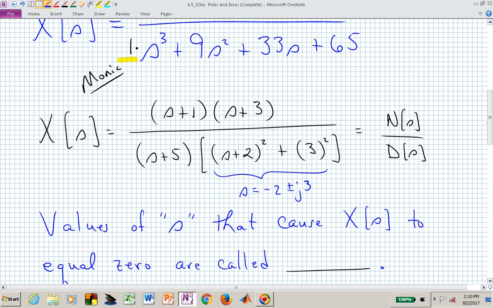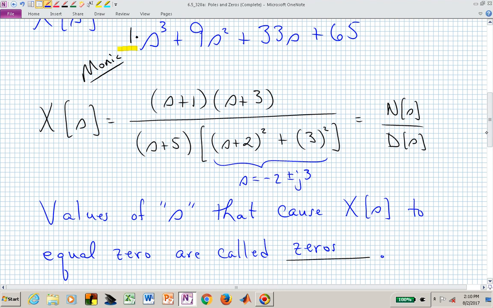First, values of s that cause capital X of s, the entire transform, to equal 0 are in fact called zeros.